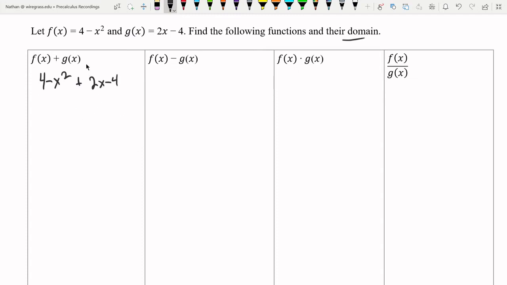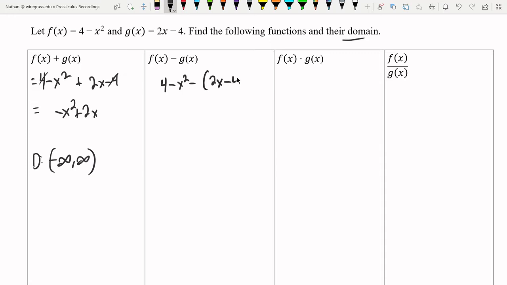If we add them together, we get, let's see, negative x squared plus 2x; the negative 4 and the plus 4 cancel. This is just a quadratic function. It's a polynomial. Therefore, its domain is everything. So nothing changed there. Subtraction, f of x minus g of x.